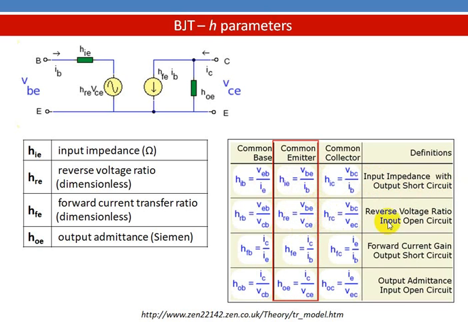Similarly, for HRE, open circuit input, measure VBE and VCE, find this ratio. For HFE, again, short circuit output, measure IC and IB, get this ratio. This gives HFE. Similarly, HOE, you open circuit input, find IC and VCE, and this ratio is called as output admittance HOE.